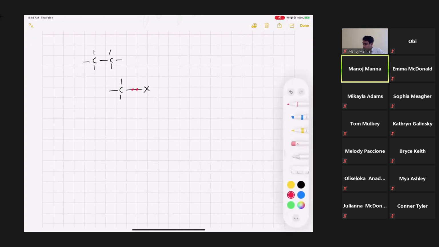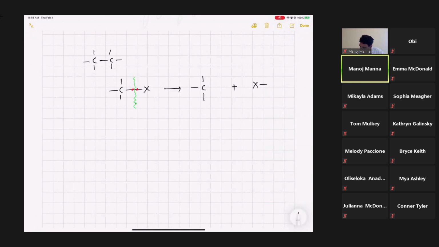So now we can break this bond. Let's say we break this bond this way. What do we get? We get carbon plus X. That means if you break the bond, 1 electron goes over carbon and another electron over halogen, right?